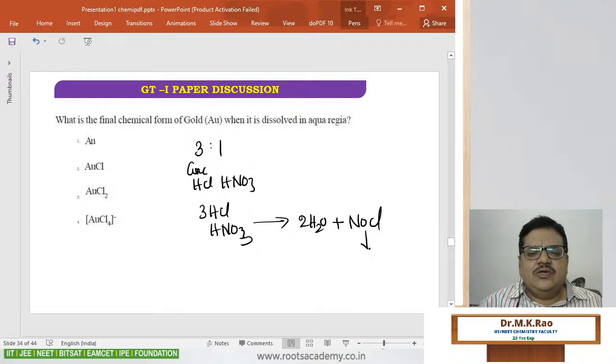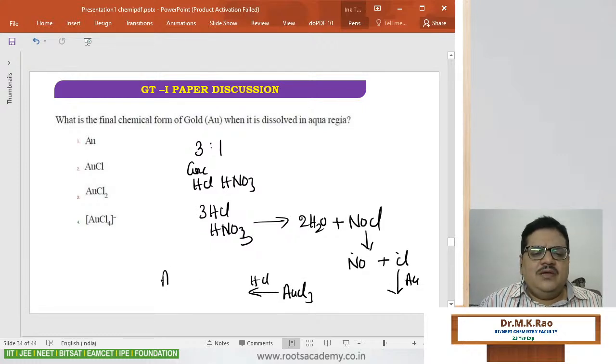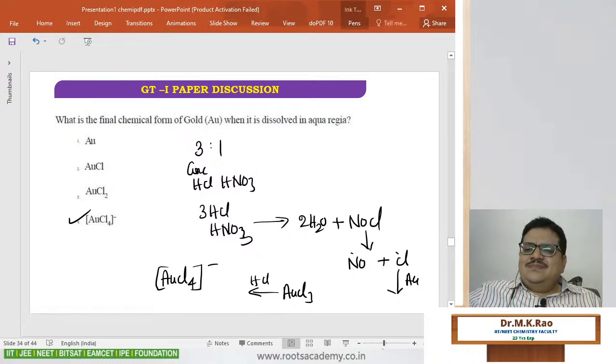It breaks down into NO dot and Cl dot. It attacks gold, forming AuCl3. It again reacts with HCl, forming AuCl4 whole minus. That should be your option. Next one.